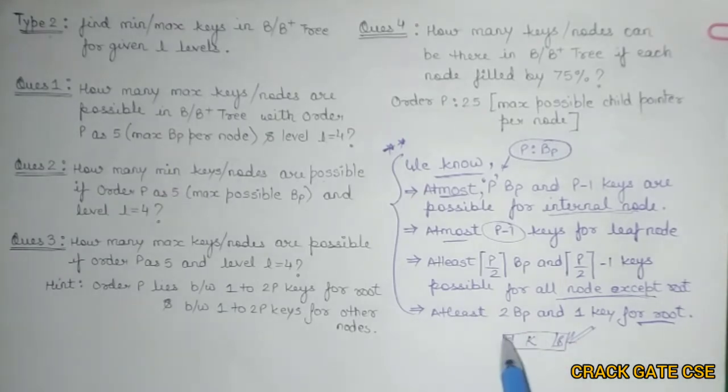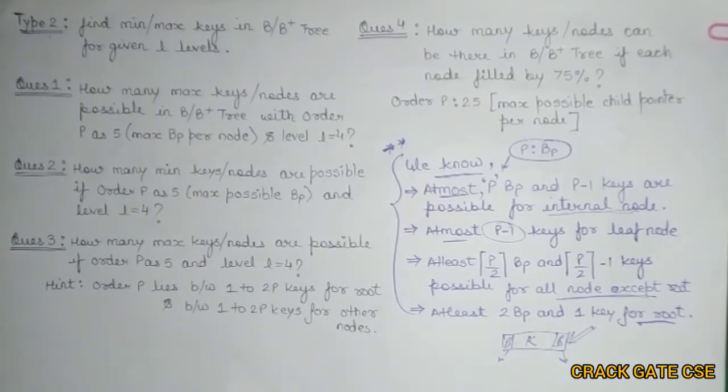For the root node, at least 2 block pointers and 1 key are possible. That means if there is a root, then there should be at least 1 key, then it can be a root. And we can have the following structure that we have discussed in the previous videos.